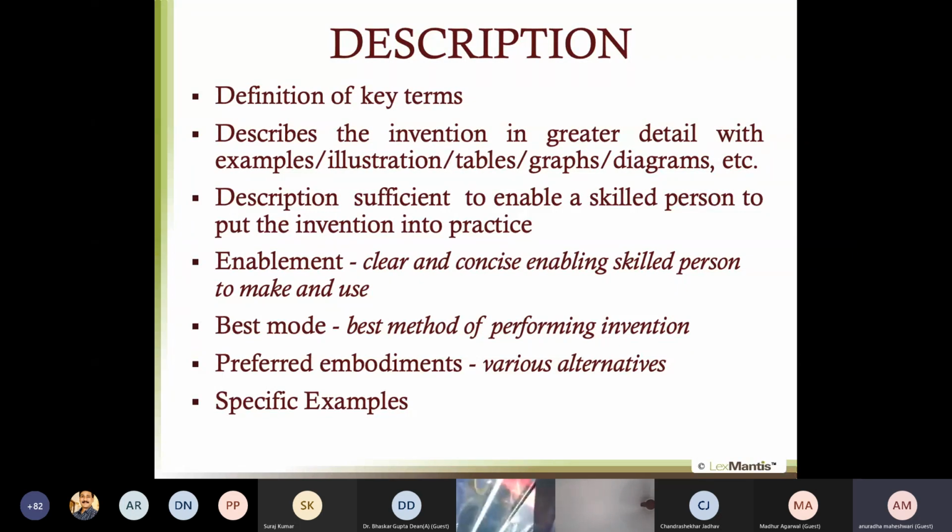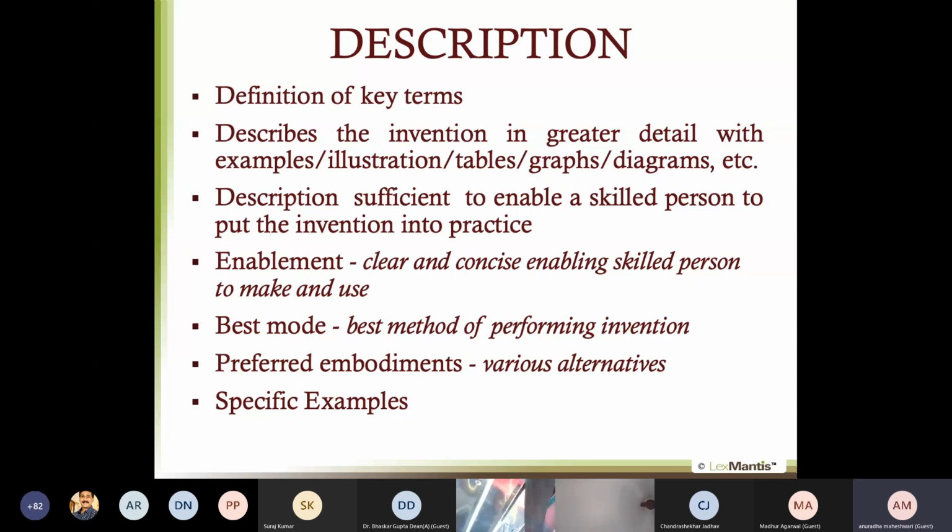When giving this complete description, you are expected to write it in the format of step 1, step 2, step 3, step 4, in complete detail. Every little thing that you have actually done with the invention must be documented in the description. There you also add your examples, illustrations, tables, graphs, diagrams, everything that went into the making of the invention.